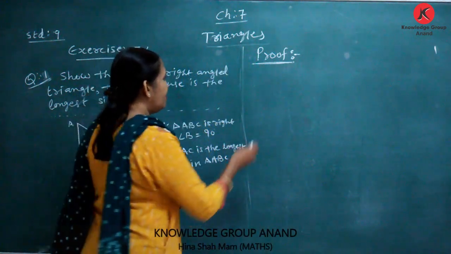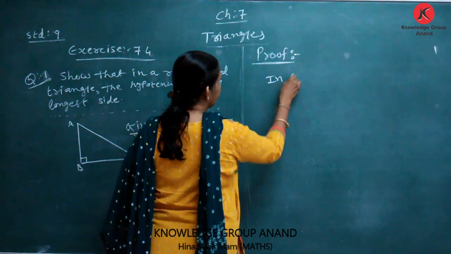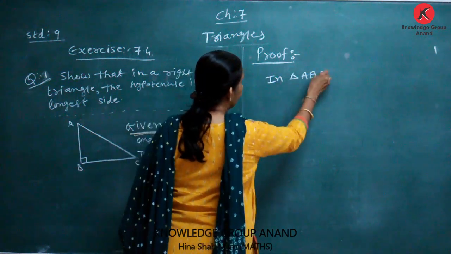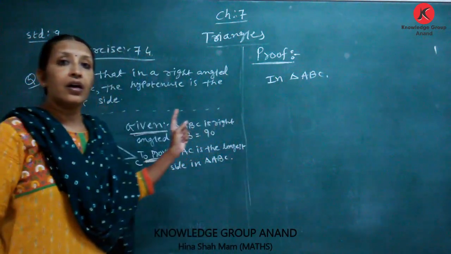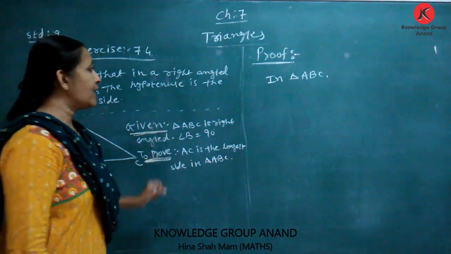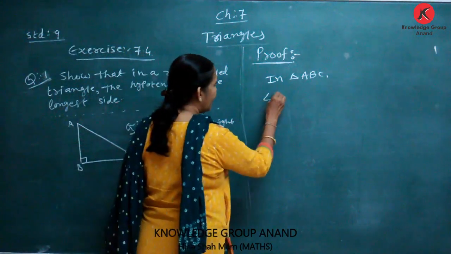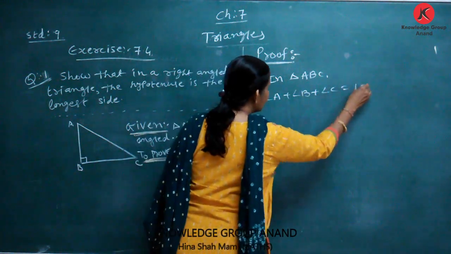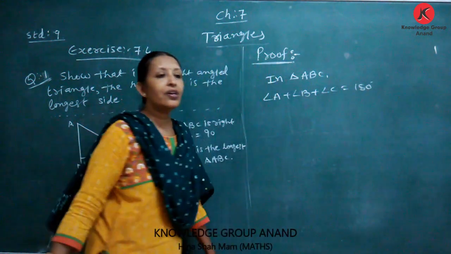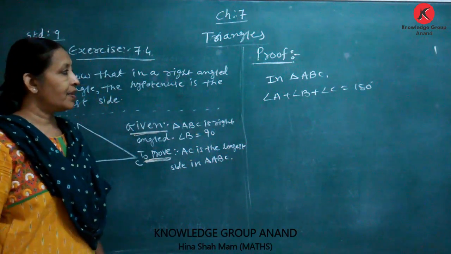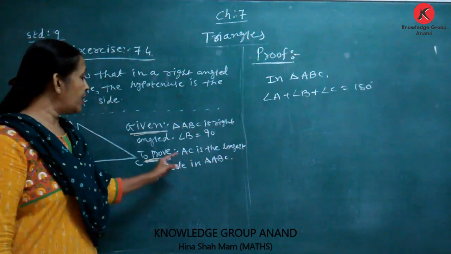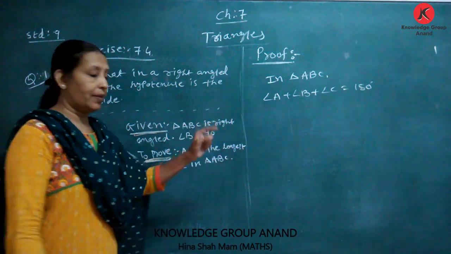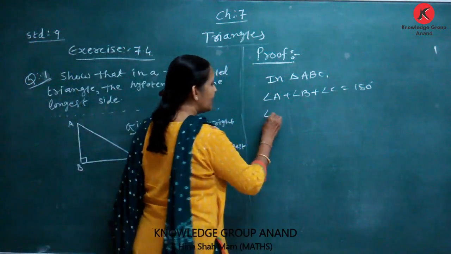In triangle ABC, the sum of angle A plus angle B plus angle C is equal to 180. Now what do we do here? Angle B is equal to 90. Put in angle B equal to 90.